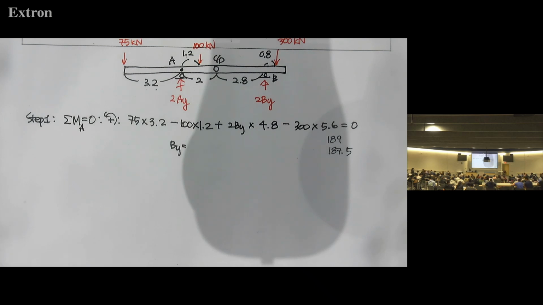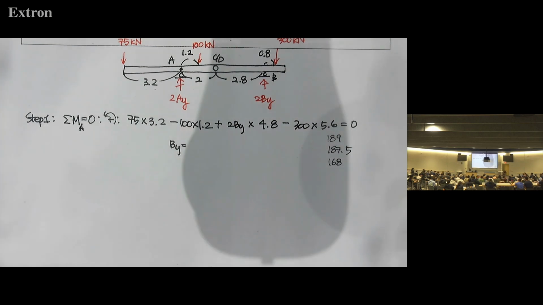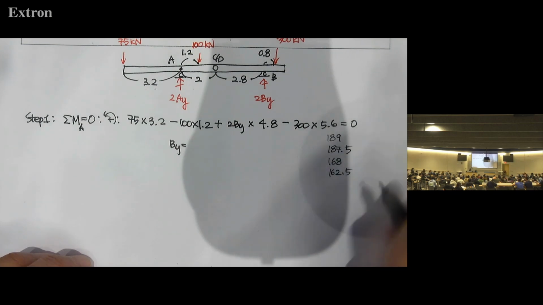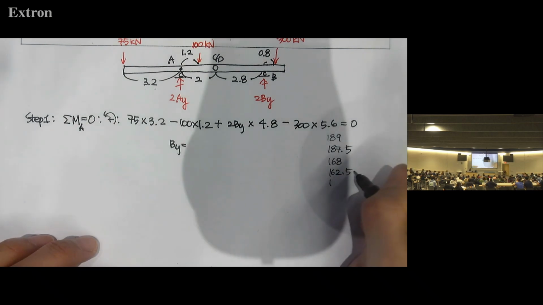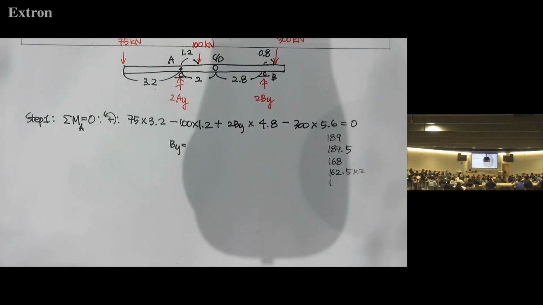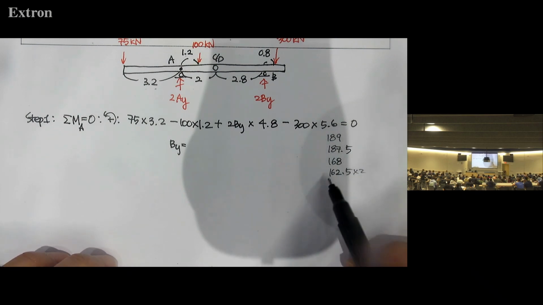I got something different, that's why I'm asking. 168, 162.5, 160. There could be minor calculation errors, so that's fine, but I'd like to know how many different answers you got.